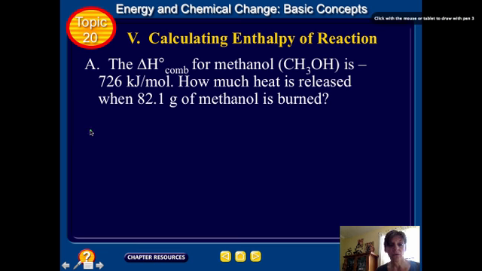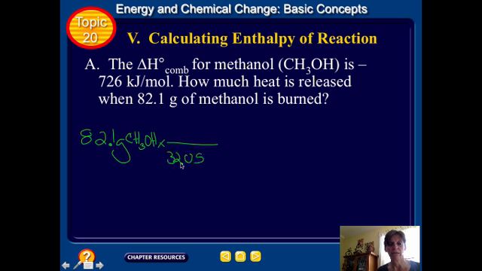All right, so as in any stoichiometry equation, we need to change grams to moles. So methanol has a molar mass of 32.05 grams in 1 mole.